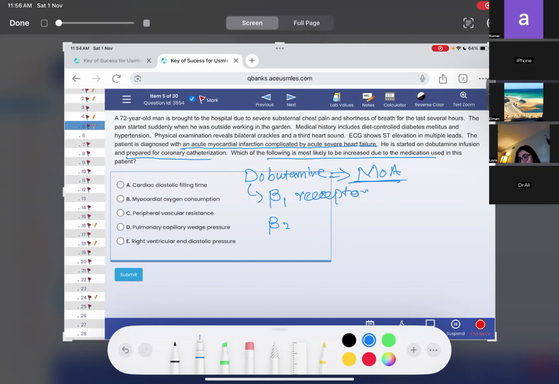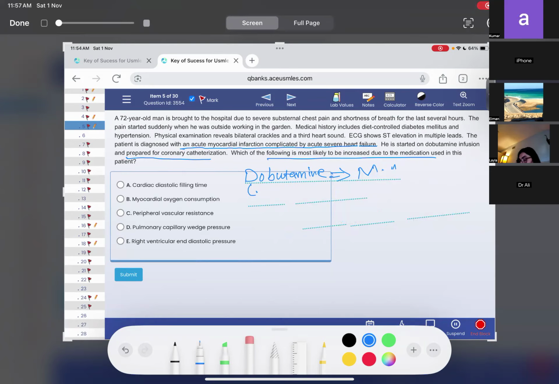The beta 2 effect is slightly milder than beta 1; beta 1 is more. Due to beta 2, it will have a vasodilation effect, and due to beta 1, it will increase the heart rate plus contractility.